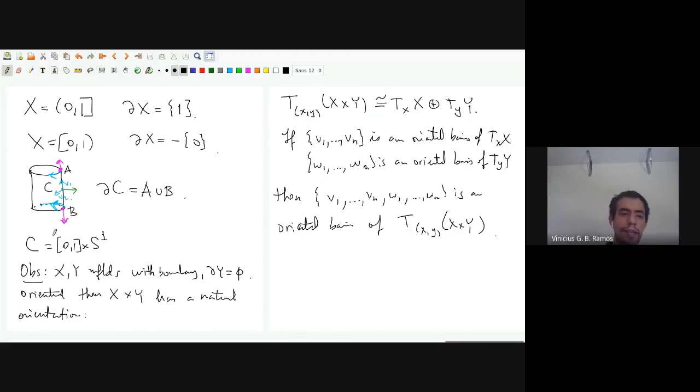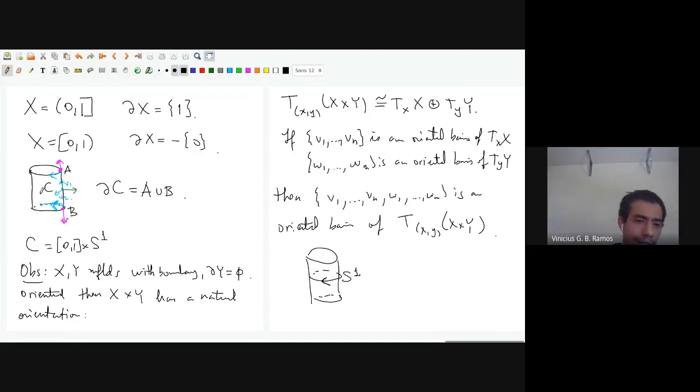Okay. So what does that mean for our cylinder? Let's go back to our cylinder. For the cylinder, we have a natural orientation, and it just comes from doing [0, 1], the orientation of R, and then the orientation of S1. So if you take this here, we can think of the cylinder C as the product of [0, 1] with the circle.